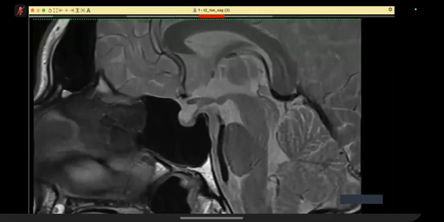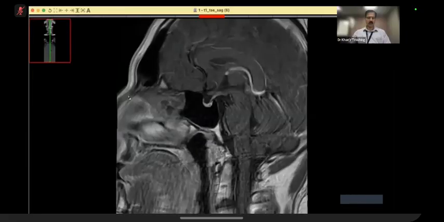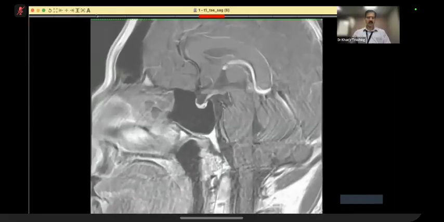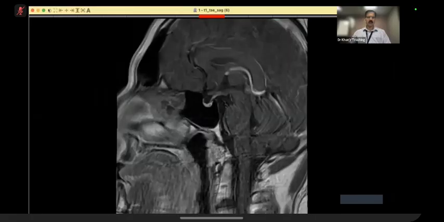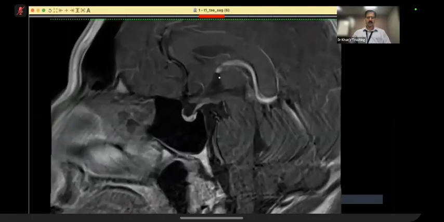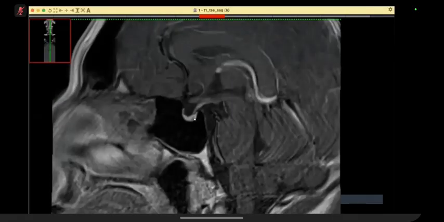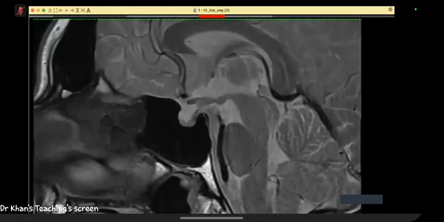I will again show you the post contrast. You are right that there is something there. The rest of the pituitary is showing normal enhancement in the post-contrast sequence. Just that one small focus is showing non-enhancement.